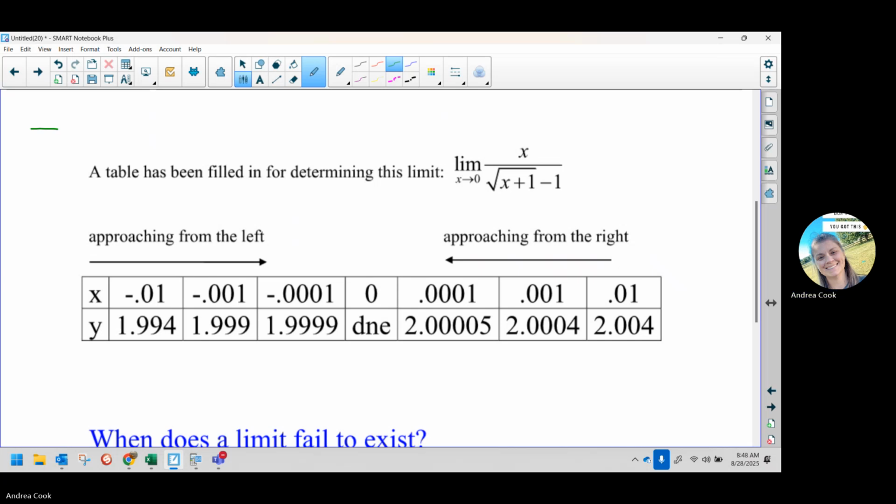So what do you think this limit is? 2. And that's because the limit as x approaches 2 from the right, we'll just call it f, is 2. And the limit as x approaches 2 from the left of f is also 2.